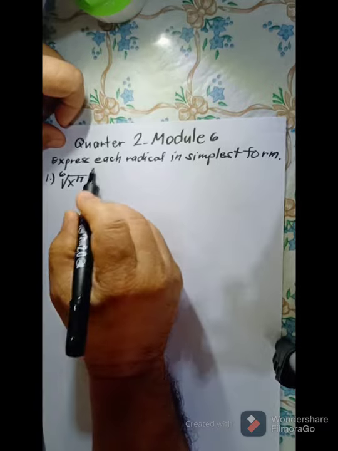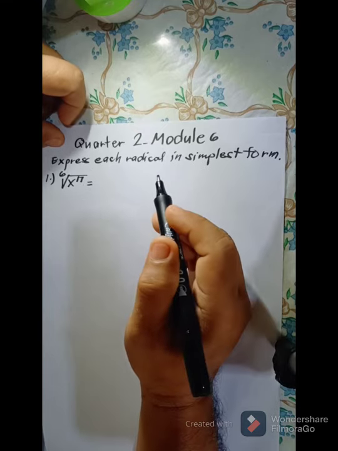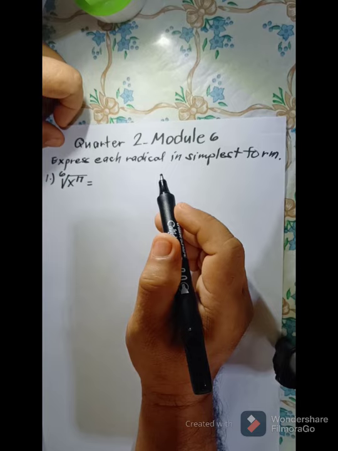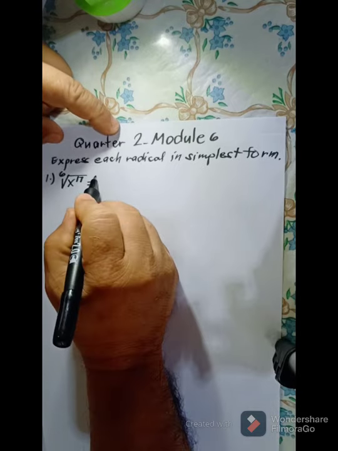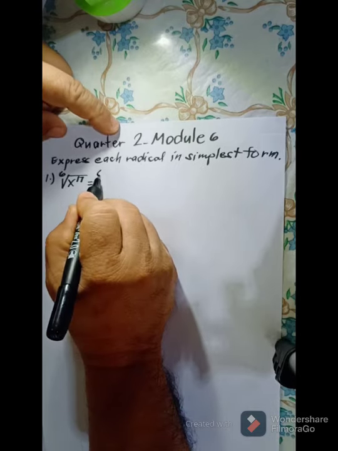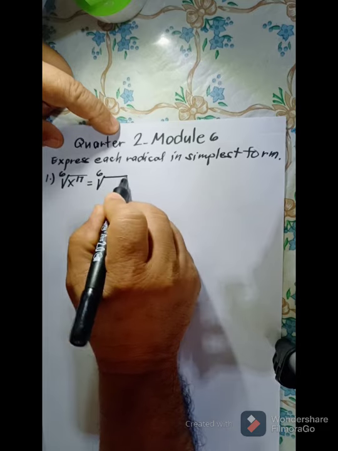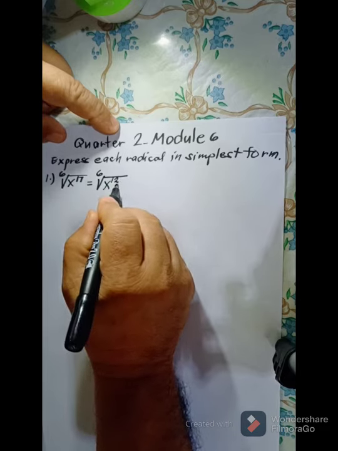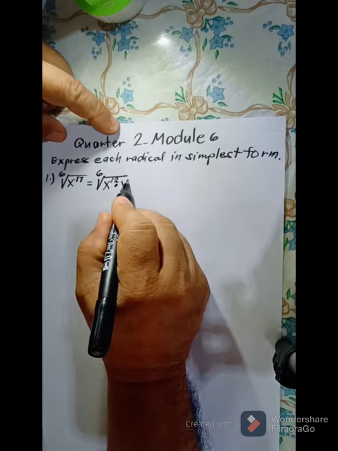But we go for the second pair of factors because the exponent of x to the power 12 is much higher than 6. So here we go: the sixth root of x to the power 12 times x to the power 5.